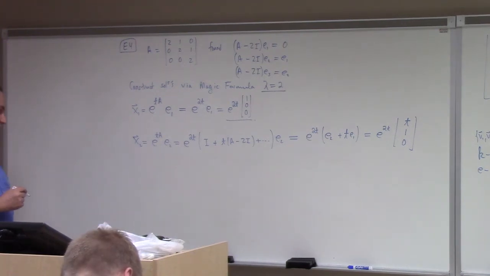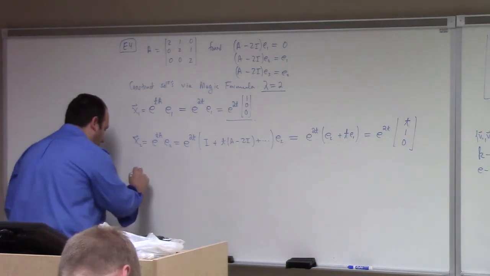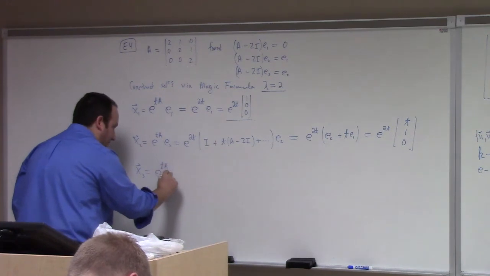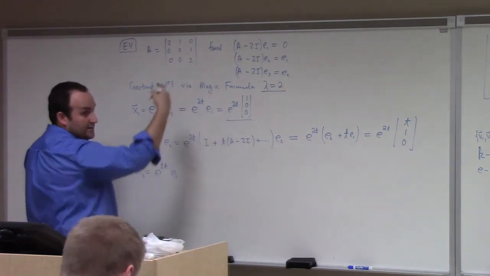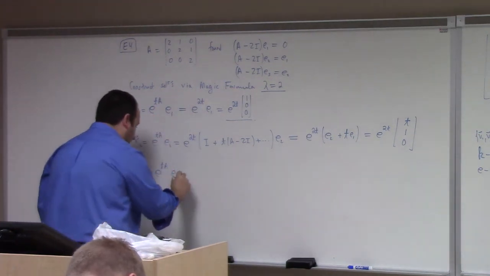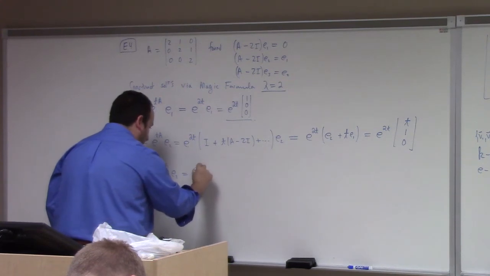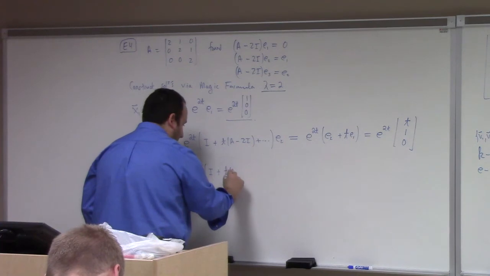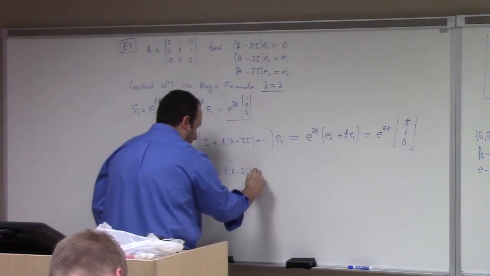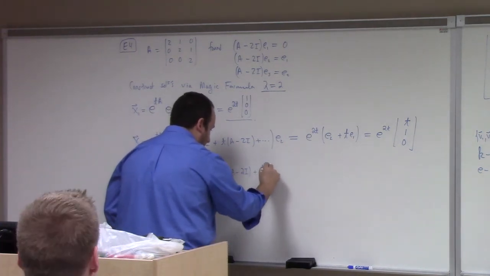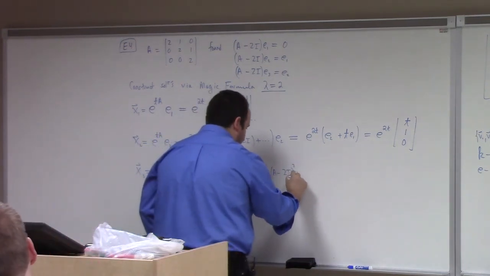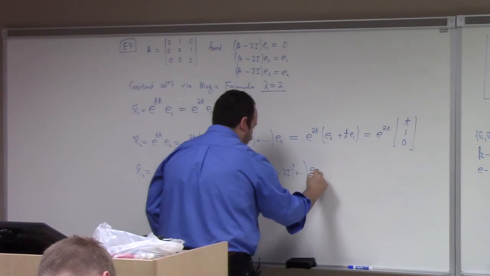My third solution via the matrix exponential for this problem is e to the tA times e3, because that's the third thing in my chain. Use the magic formula: e to the 2t times (I plus t times (A minus 2I) plus t squared over 2 (A minus 2I) squared plus stuff that doesn't matter) times e3.